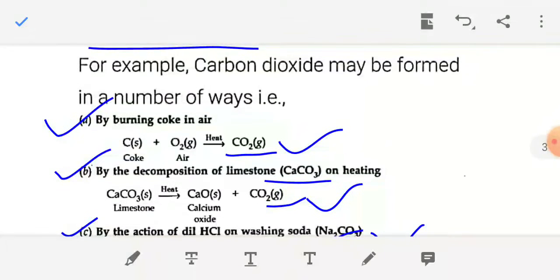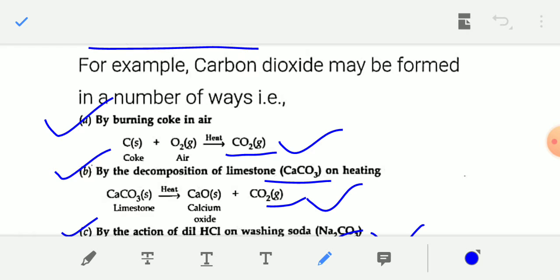That means the mass ratio between carbon and oxygen in all three cases will be: carbon is 12 in CO2, and oxygen is O2, that means 16 into 2, that is 32.